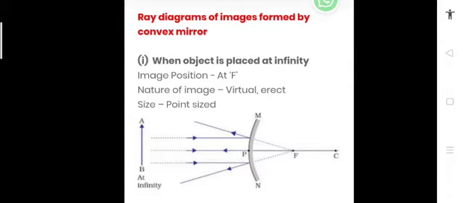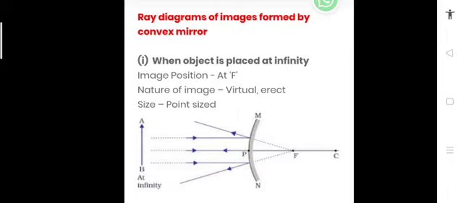That point is known as the principal focus, and the two rays meet at point F. So the image will be formed at F. Since the rays only appear to meet, the nature of the image will be virtual and erect, and when the object is at infinity the image will be point size or very small.